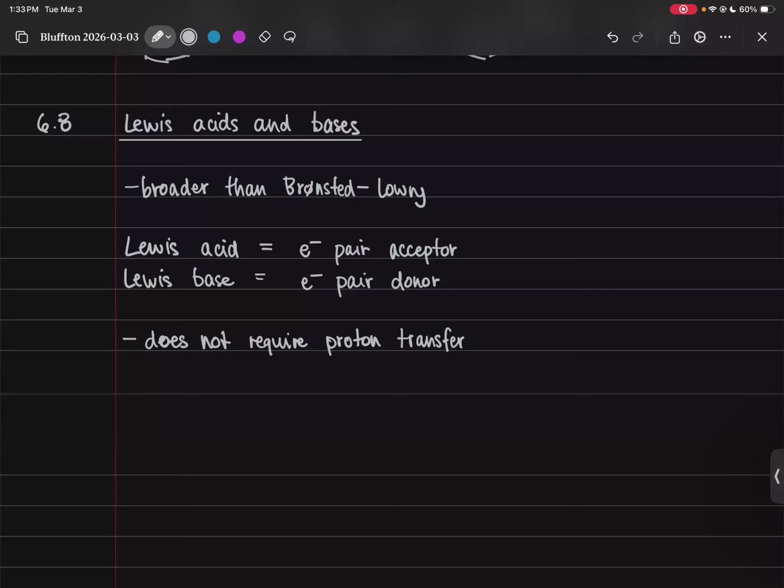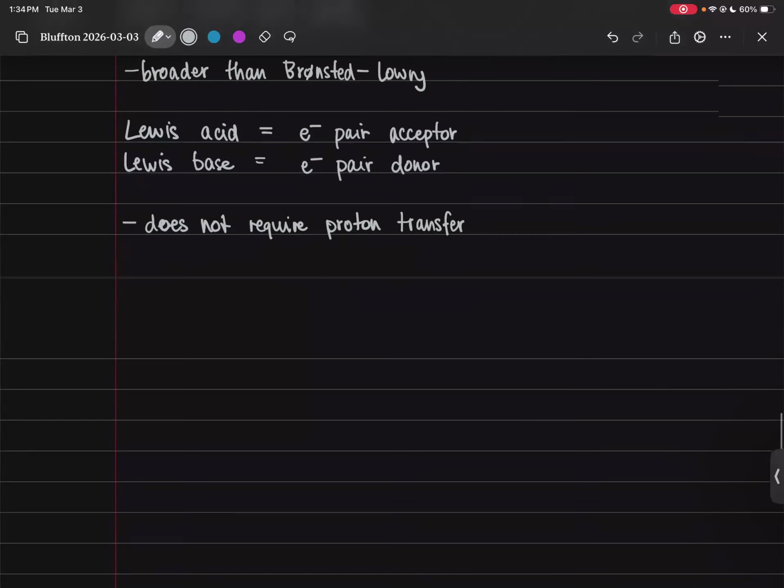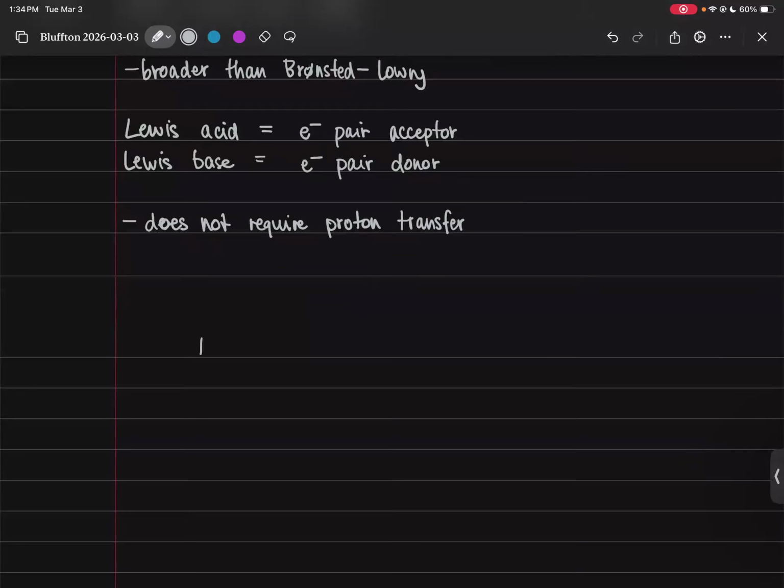You will find, however, that often when you have a Lewis acid and base reaction, at least one of the components looks like a classic Bronsted-Lowry acid or base. We'll look at an example. Before I tell you which one is which, I'm actually going to draw the mechanism.